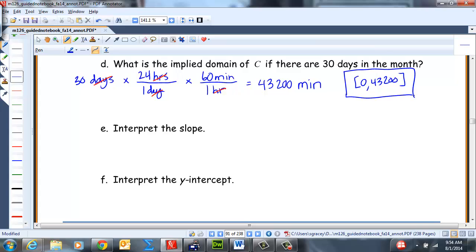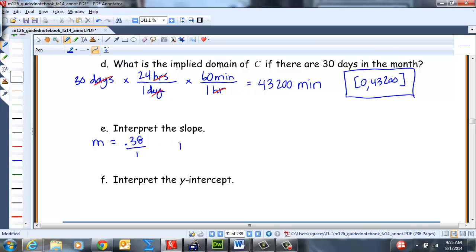Okay, so interpret the slope. All right, so the slope was 0.38 over 1, you can say. So what does that mean?